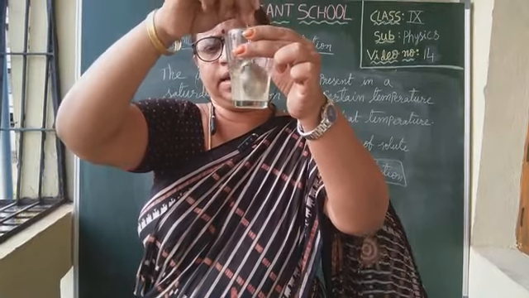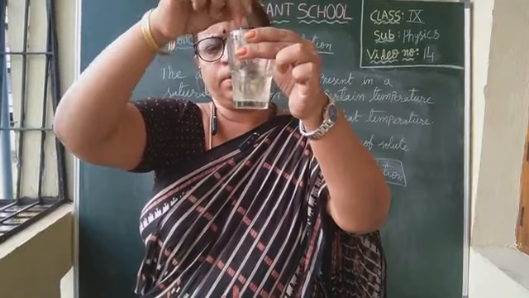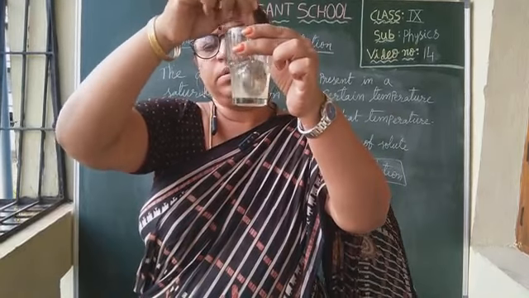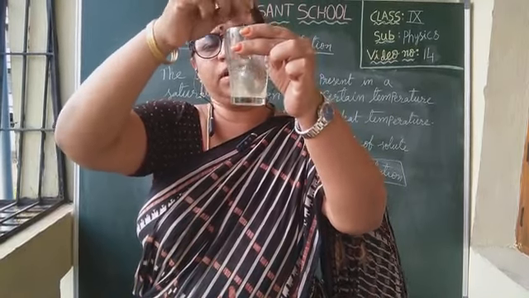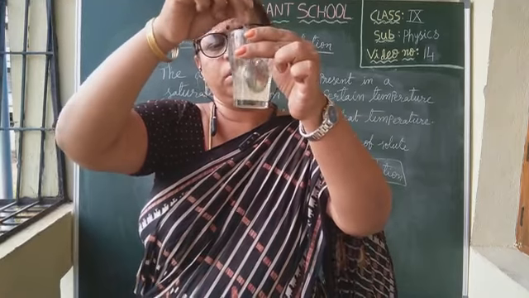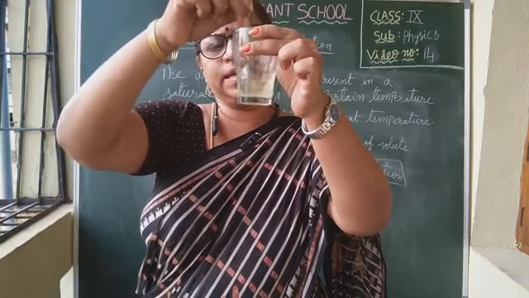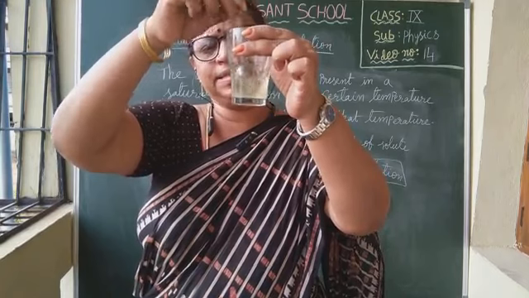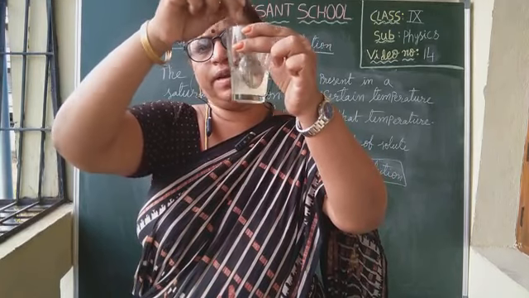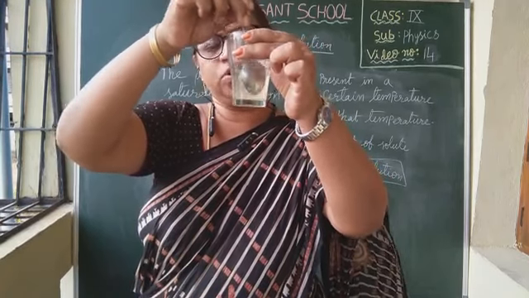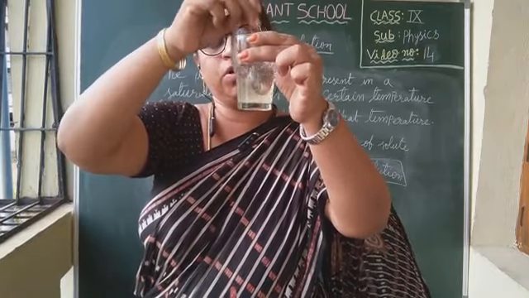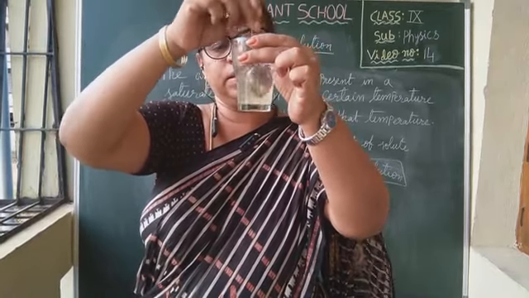I am stirring it again. Let us see whether it will get dissolved in this water or not. When the solute is in less amount, it is dilute and we also call it an unsaturated solution, which is below the solubility range.